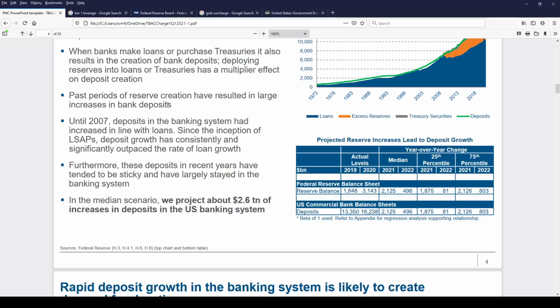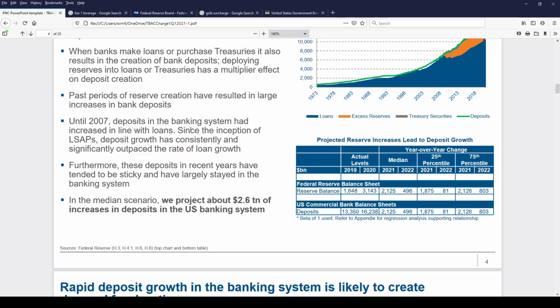It doesn't mean that there is a direct relationship where when the Fed does an LSAP or QE that it turns into the M2. It's just saying reserve creation results in an increase in bank deposits, because again, if there was 8% money out there on a bond, people would take money out of the M2 and go buy the bond. There is no alternative when interest rates are really low.